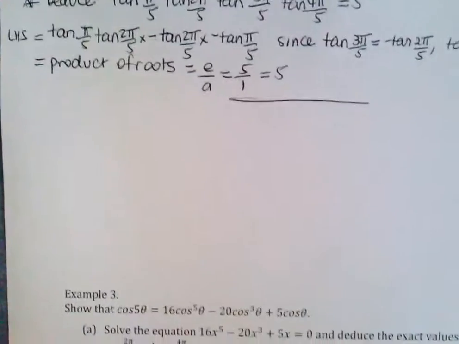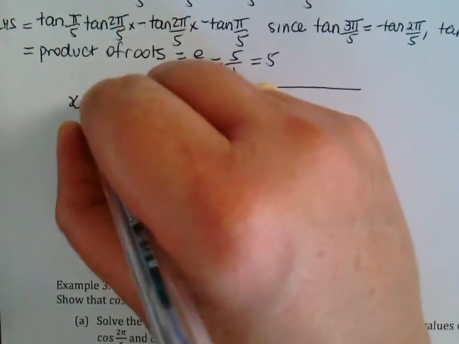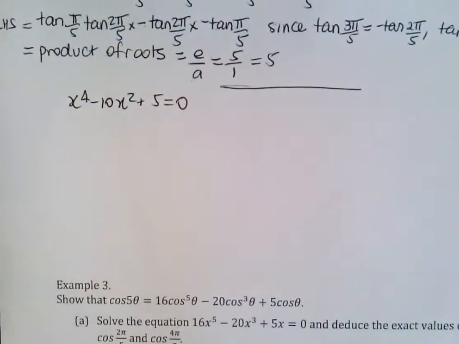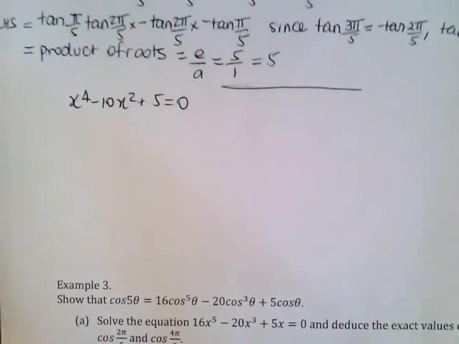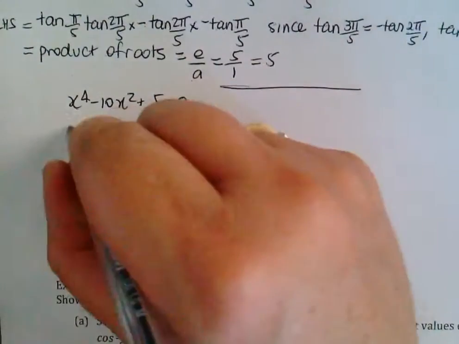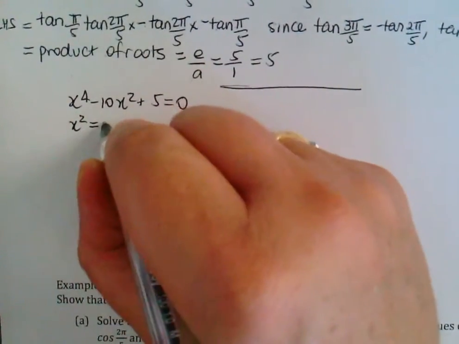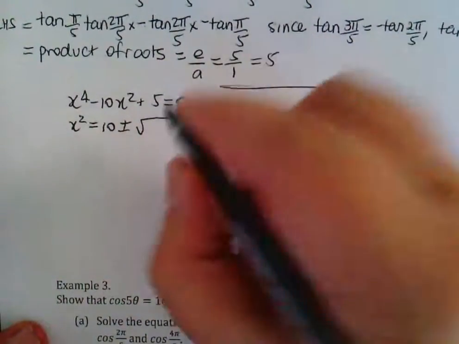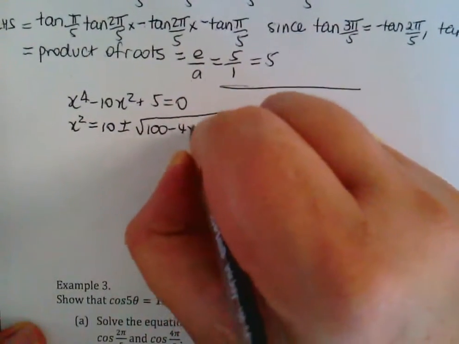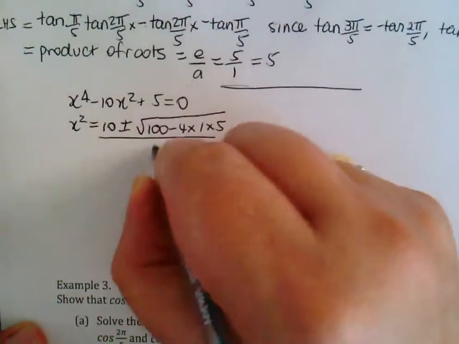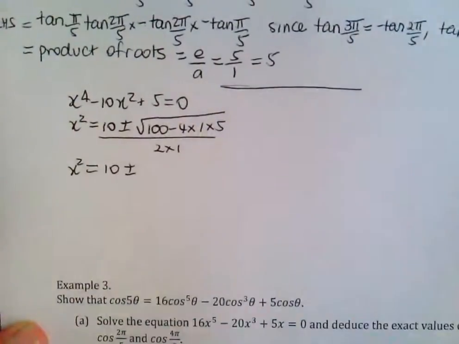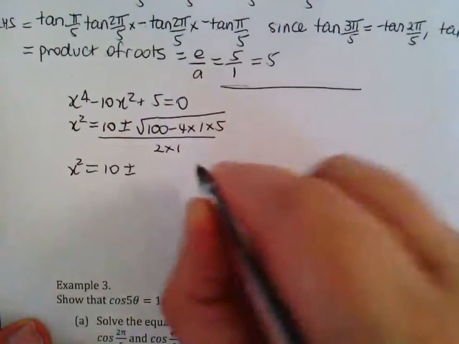Now, the last part of the question is to solve x to the power of 4 minus 10x squared plus 5 equals 0 another way. Have a look at it. What sort of equation? Quadratic. So x squared equals negative b, which is 10, plus or minus the square root of b squared, which is 100, minus 4 times 1 times 5, over 2 times 1, which is 10, plus or minus the square root of, isn't that 80?